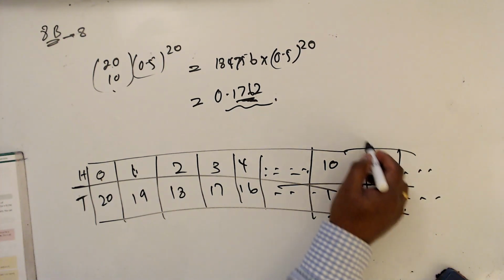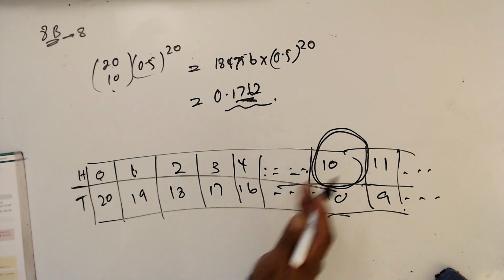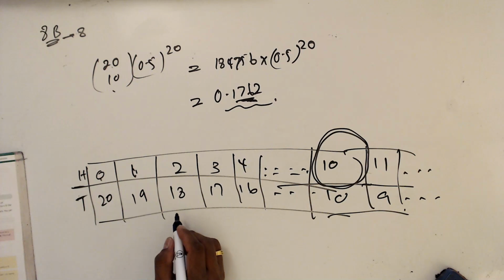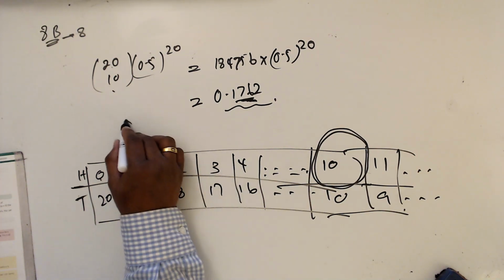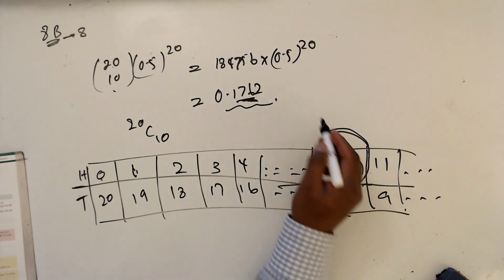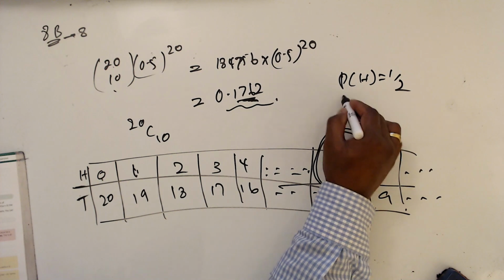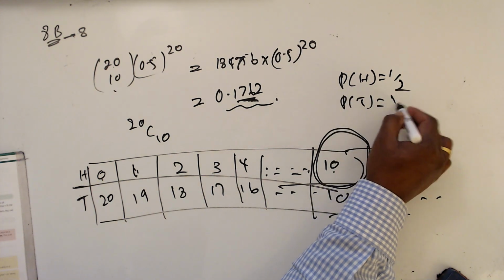Now this term is related to here. If you get exactly 10 heads, then what is the probability? It is going to be 20C10, and the probability of getting head is half, and getting tail also half.